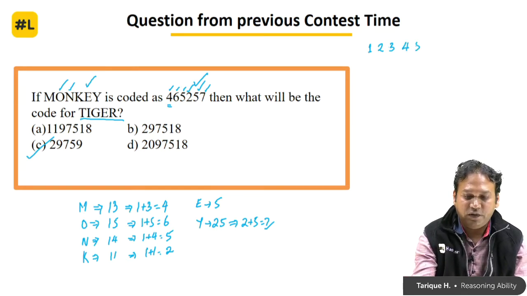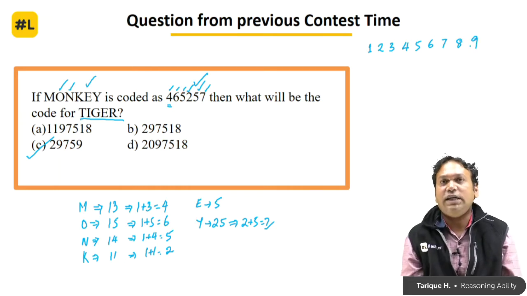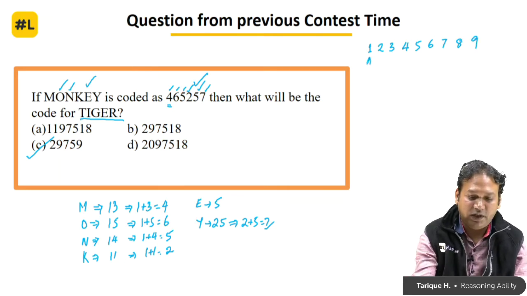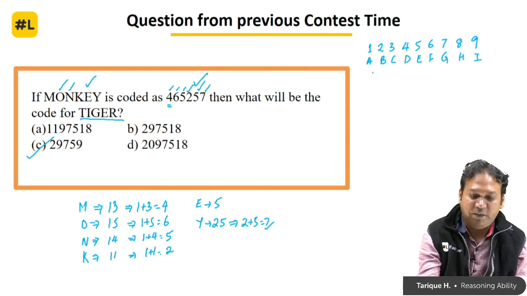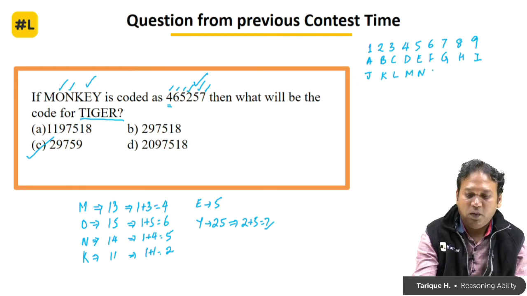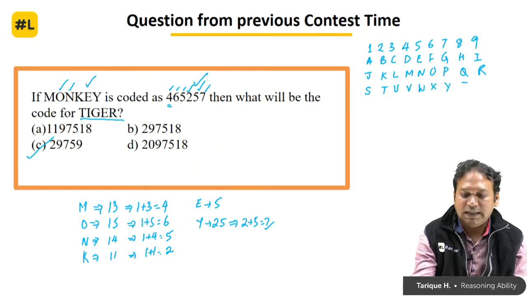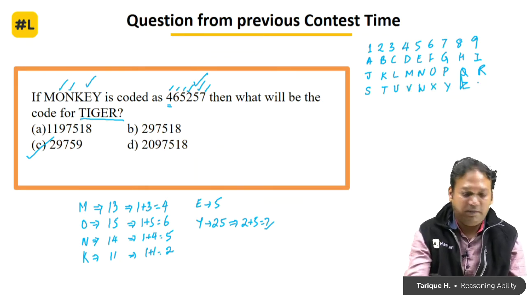Write down numbers 1, 2, 3, 4, 5, 6, 7, 8, 9, and start writing the letters of the English alphabet starting from A, B, C, D, E, F, G, H, I, and then J we start back from here, J, K, L, M, N, O, P, Q, R, and again we go back to S here, S, T, U, V, W, X, Y, and Z. So this is also the same thing, you can solve this.